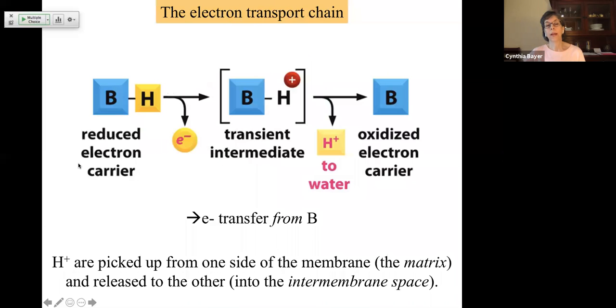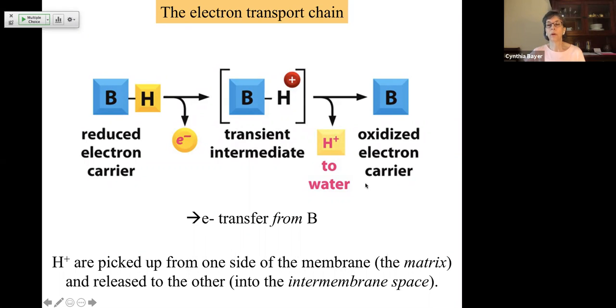And if we look at an electron carrier that is reduced, such that it shares a bond with a hydrogen atom, when it's reduced, it can donate its electron to the next member of the electron transport chain. By transferring its electron, it becomes transiently positively charged. It doesn't like being positively charged, and that extra proton will be donated to water.